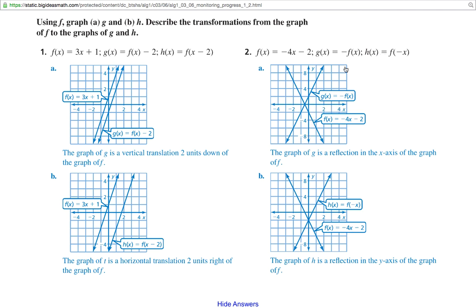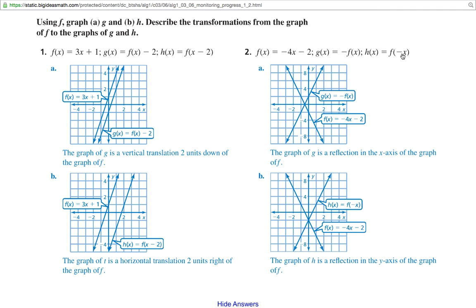Now over here on the letter B part of it, the h of x, notice you have the original. We still have our normal original, -4x minus 2. Now they want us to multiply our inputs by negative.